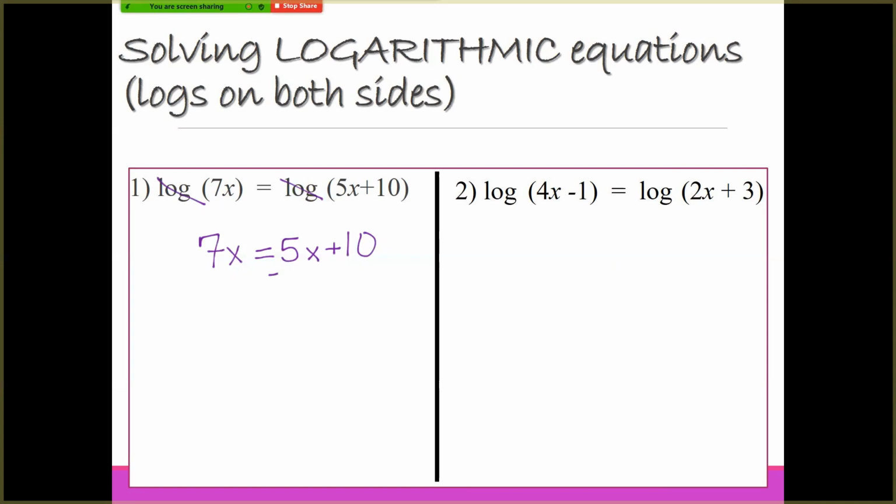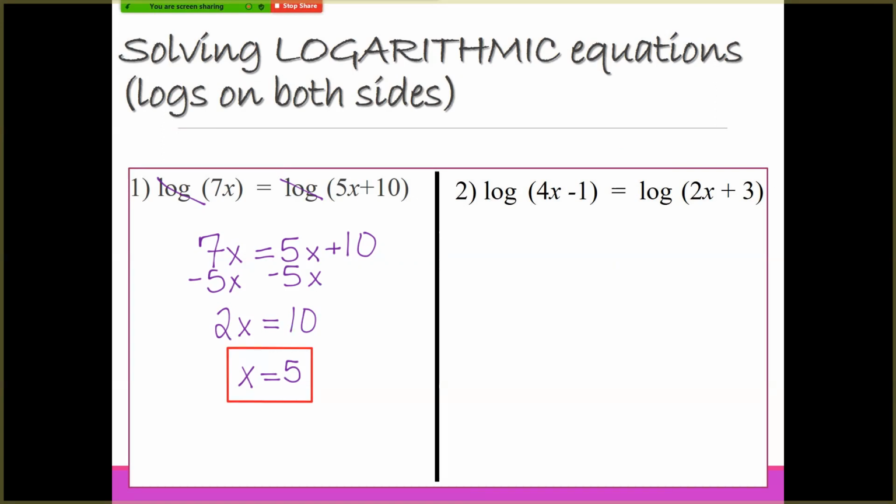So subtract 5x from both sides. So 2x equals 10. We're going to divide both sides by 2 to get our answer of x equals 5.